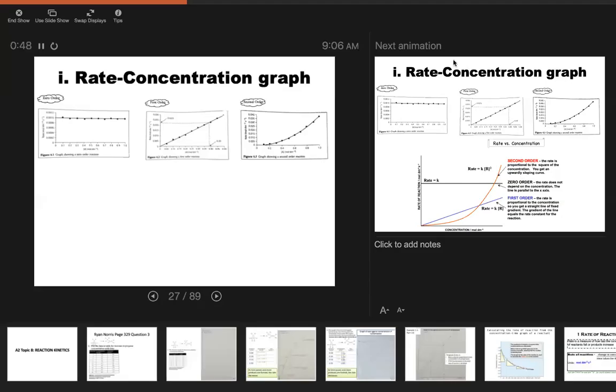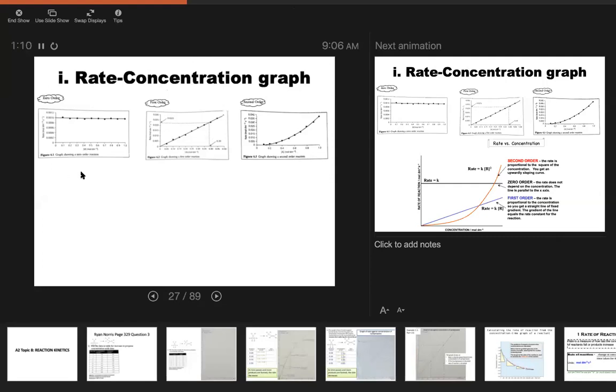Okay, so we'll start off by recapping what we did yesterday. Basically, we can look at the rate concentration graph of a particular reactant to identify if it's a zero, first, or second order.